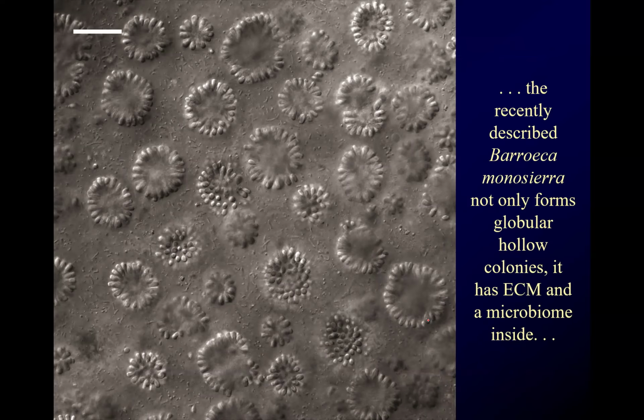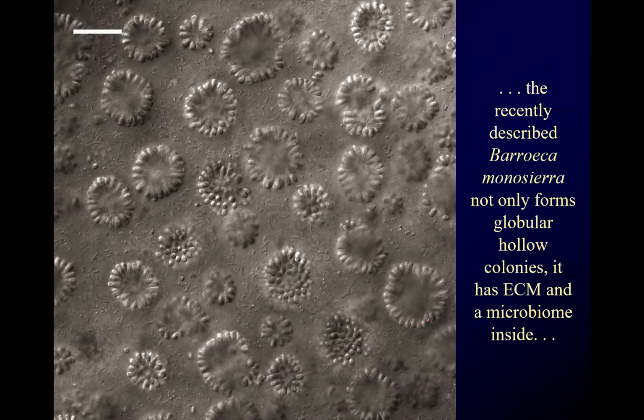There's a recently described one called Baroica that forms hollow colonies. There's a space outside and an inside. Apparently, these have some sort of extracellular matrix holding the cells together, so that's very animal-like. And apparently, there's a whole microbiome inside Baroica colonies. This was only just described a couple of years ago.